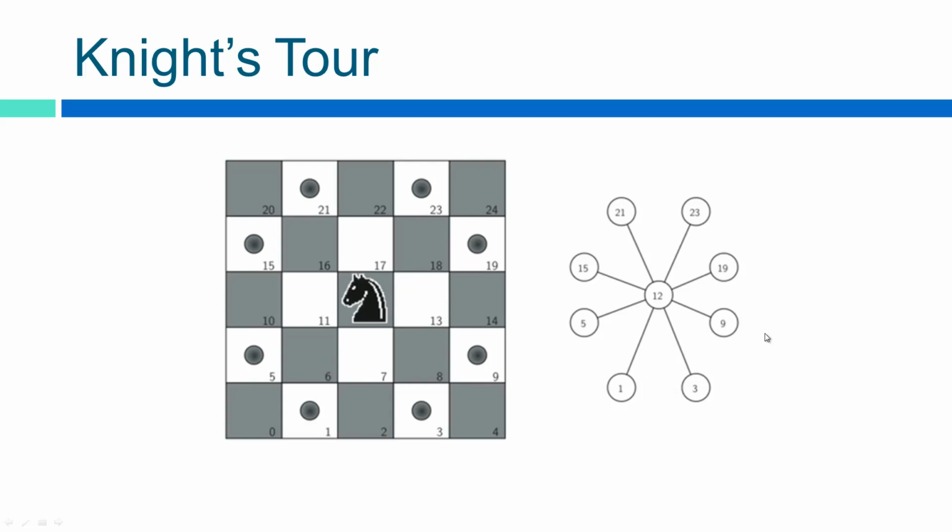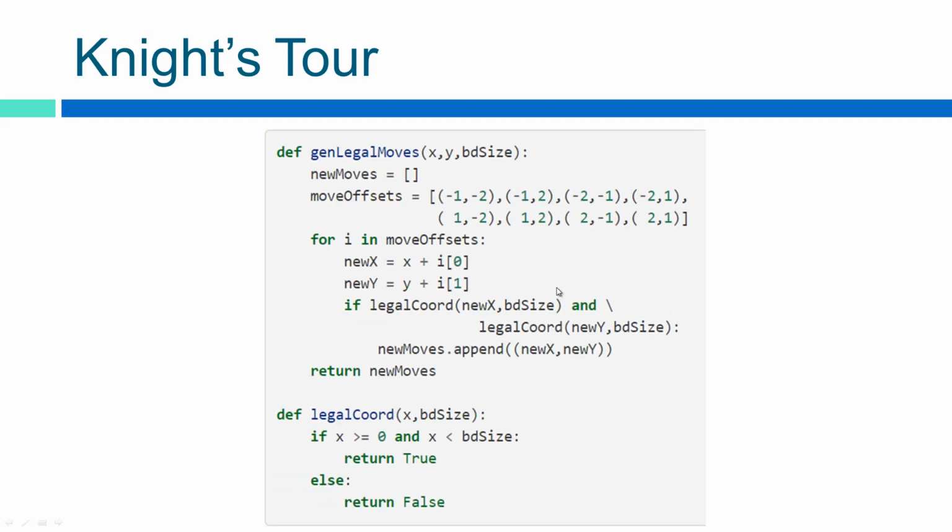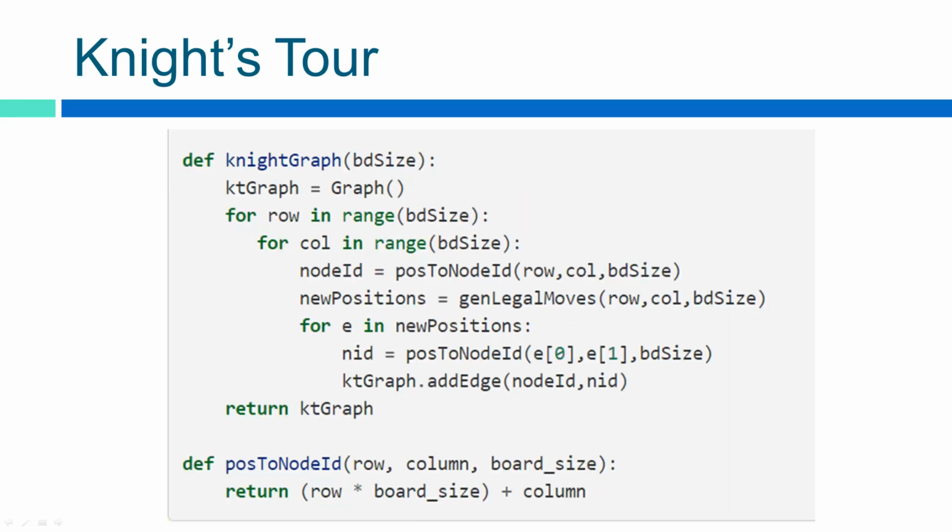We can do that using this function here, the knight graph function. The function makes one pass over the entire board, and at each square on the board, the knight graph is going to call a helper function called generate legal moves, or gen legal moves, which is actually on the next slide if you want to check that out at the same time.